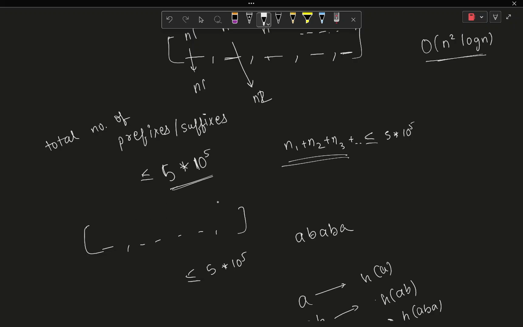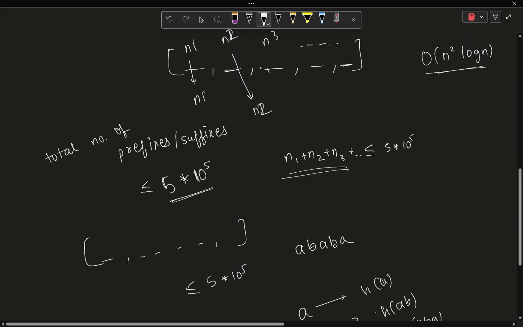I can create an array of that length where every integer would be denoting the prefix of some string, right?